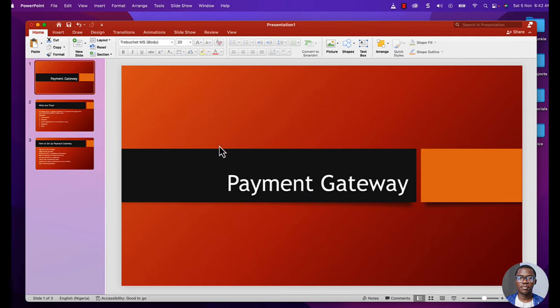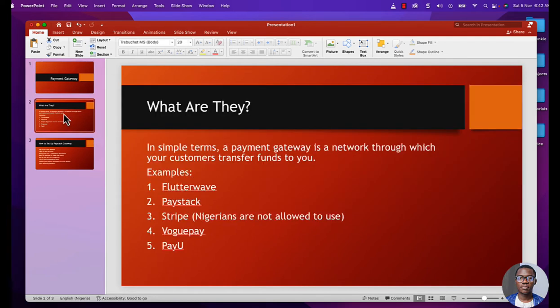Okay, so what are actually these payment gateways? Now, payment gateways, in simple terms, are a network through which your customers transfer funds to you. Remember that your e-commerce platform or your website, where you are going to be accepting payment, is a medium through which you are going to earn.